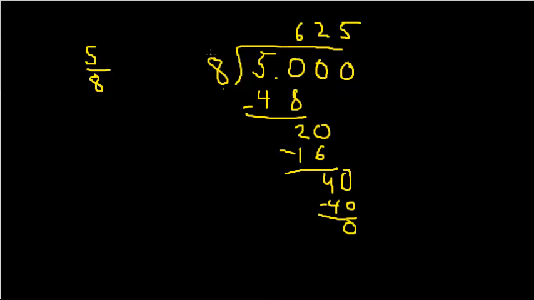I have none left over. My decimal point goes straight up, and put a 0 in front of my decimal. So I have now 5/8 is equal to 0.625, or 625 thousandths.